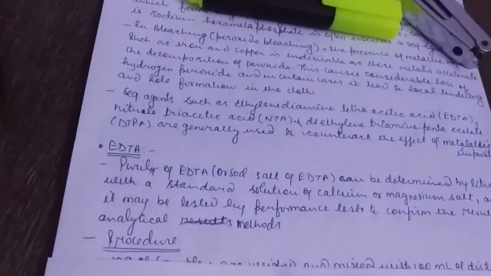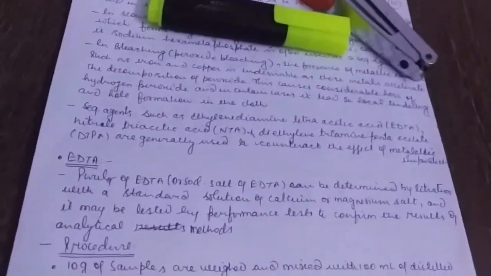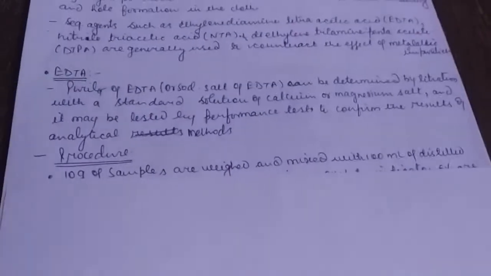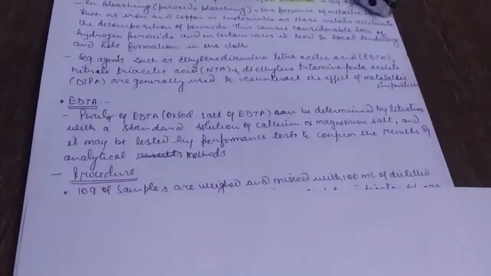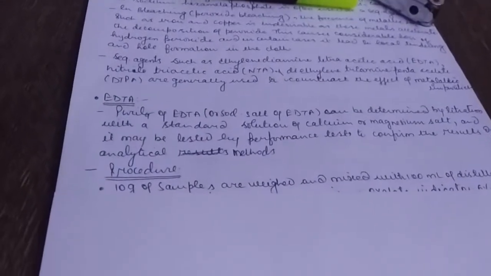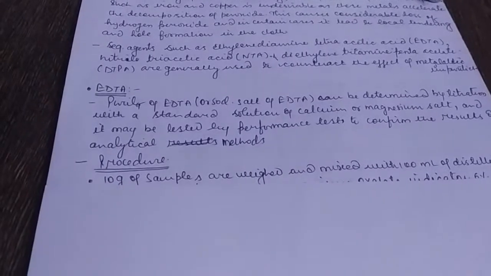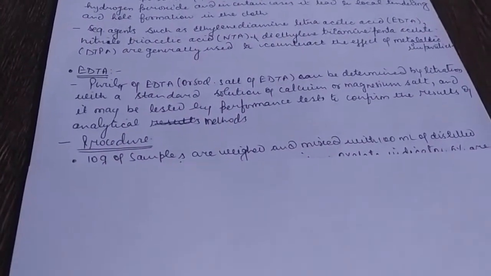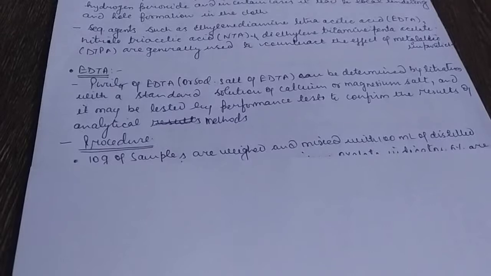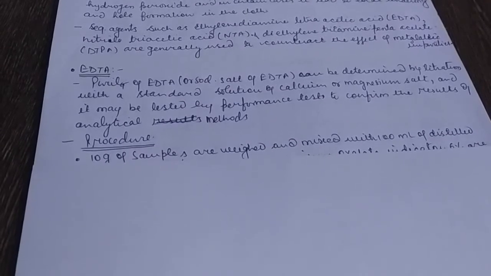The strength, purity and importance of the sequestering agent can be analyzed by analytical methods as well as by performance methods. In the analytical method, we will analyze the sequestering agent using different methods, maybe titration.